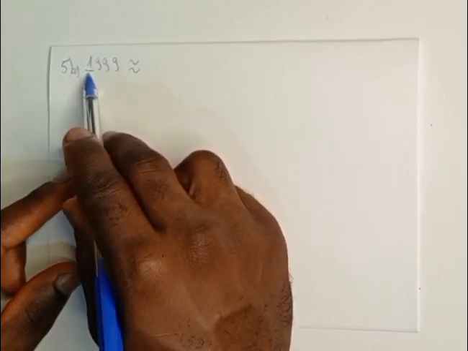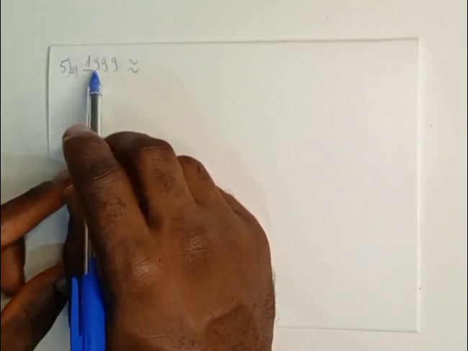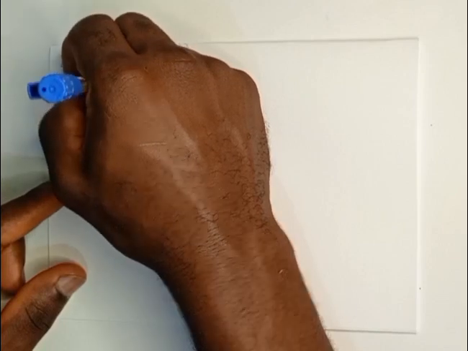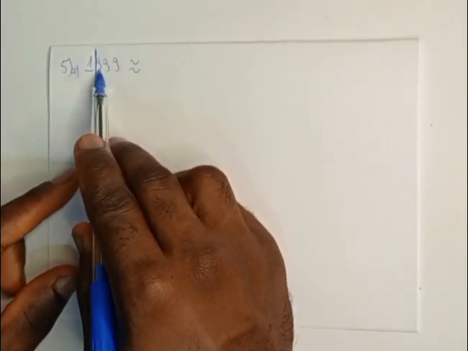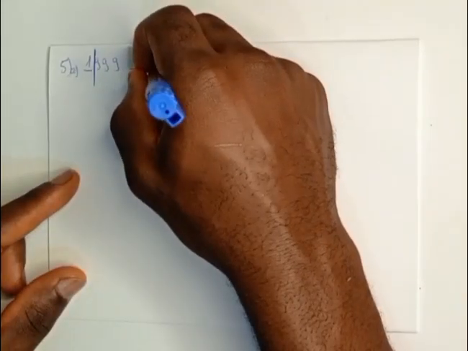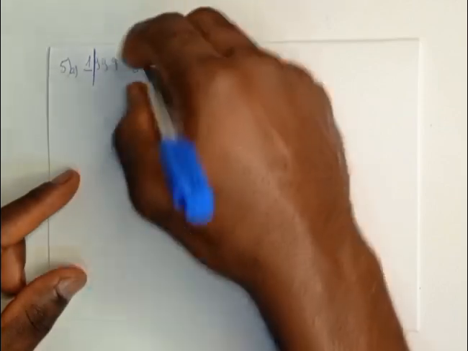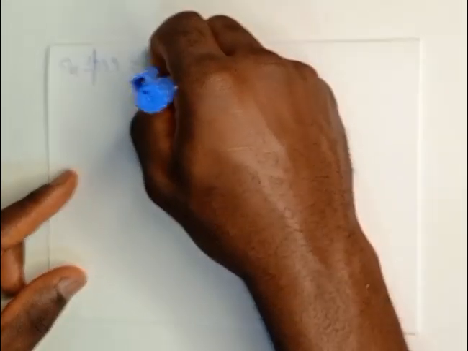To the nearest thousand, we have to approximate between 1 and 9. Draw a vertical line. The digit 9 for hundreds is greater than or equal to 5. It is rounded up to 1. And we have to add the 1 to this 1000. This will give us 2. Then we replace all the other digits with zeros. This will be approximately 2000.